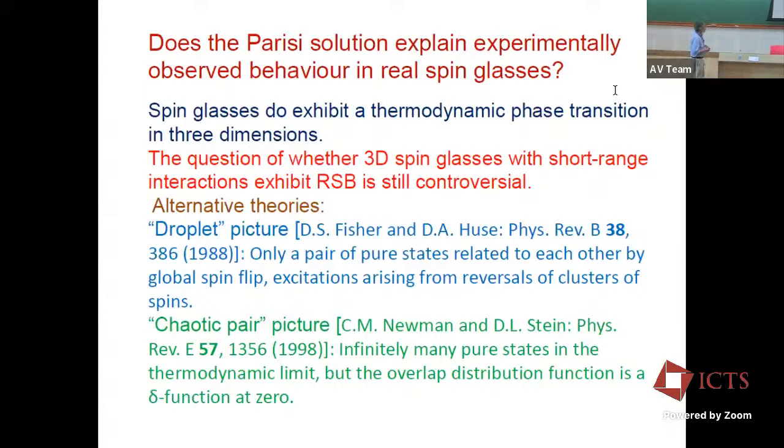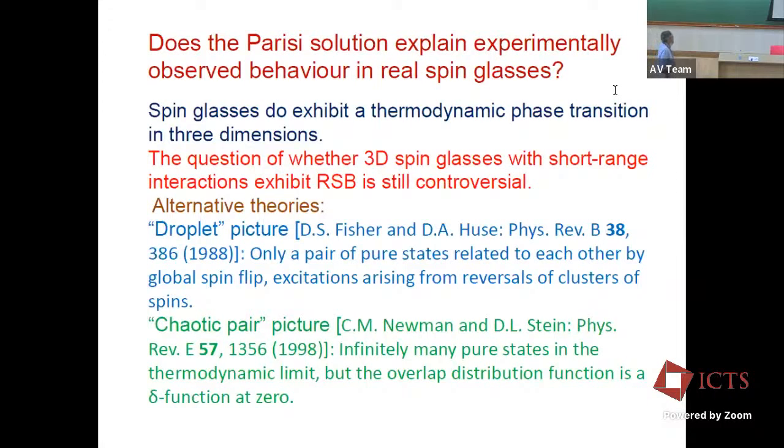So what are the alternatives? Since time is limited, I will not go into too many details of these alternative theories. And these alternative theories are also somewhat phenomenological. It's not that they're starting from the microscopic Hamiltonian and then trying to calculate free energies, thermodynamic quantities or dynamics and things like that.